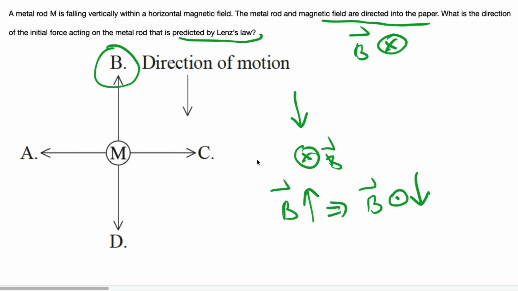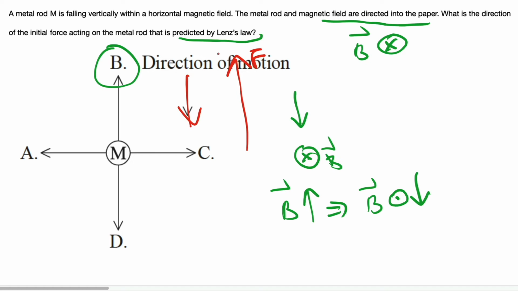So how do I know the answer is B? Here's the trick. Because it will bring a change in magnetic flux, we know that it's going to oppose this motion. It doesn't want the rod to fall vertically downward, so as to change the magnetic flux. And in order to oppose the change of traveling vertically downward, there has to be a force pointing upward, because currently the metal rod is falling vertically downward. So in order to oppose the change, the force needs to point upward, right?